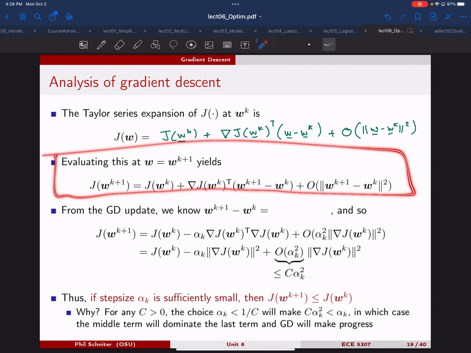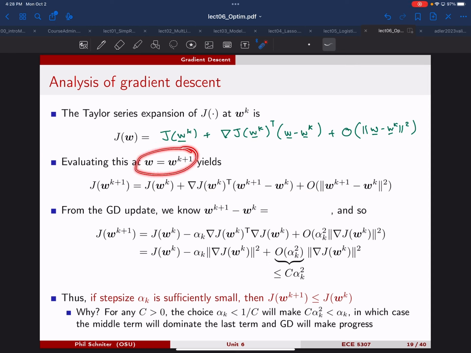Okay, so all we're going to do here is plug this in. Every time you see a W above, we plug in W_{k+1}. So that means here you get a W_{k+1}, here you get a W_{k+1}, here's one. And now you can see that there's this term that's showing up. Actually, that term is something that we know because we're using gradient descent.